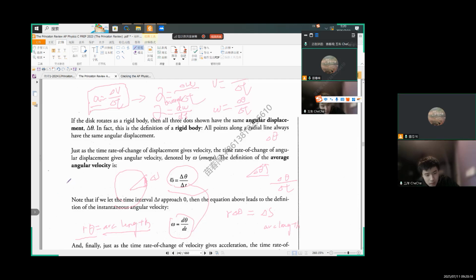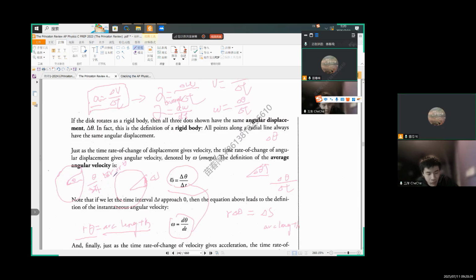For example, if I have a little change of theta in a rotation, let's think about the math. I can say theta over 2 pi, which is my fraction, times 2 pi r. The 2 pi simplifies, giving r theta. That's the arc length.